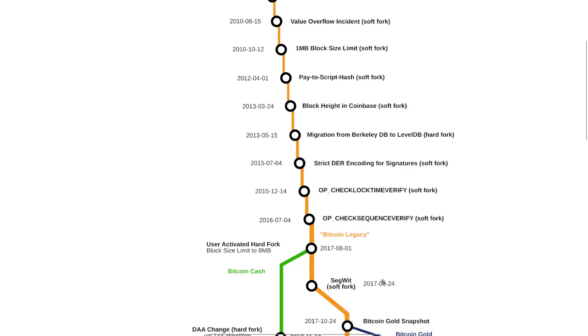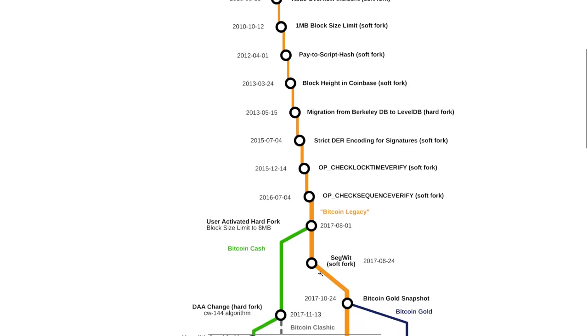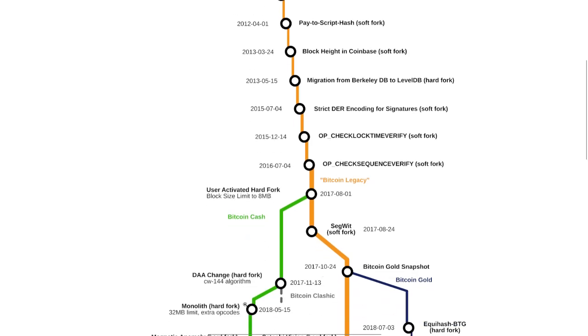But it's not actually a 4 megabyte increase. The actual capacity is only between 1.4 and 1.8 megabytes, with no plans to increase it in the future. Whereas Bitcoin Cash, as you can see, within the year upgraded the block size limit. It increased it to 32 megabytes.